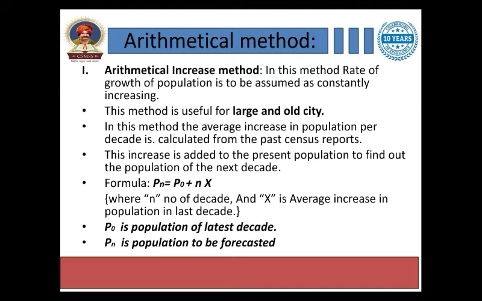P0 is the population of the latest decade. If we have the population of 2011, that is the population of the latest decade. N is the number of decades, and x is the average increase in population per decade, right? Everybody get it? So write this down in your notebook.